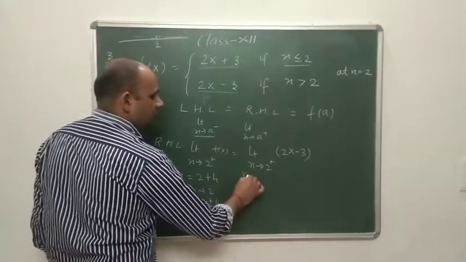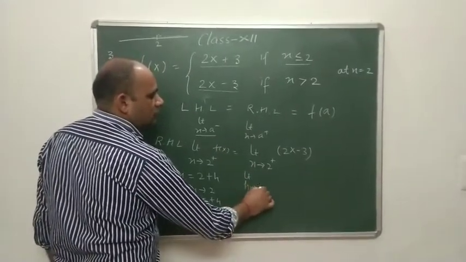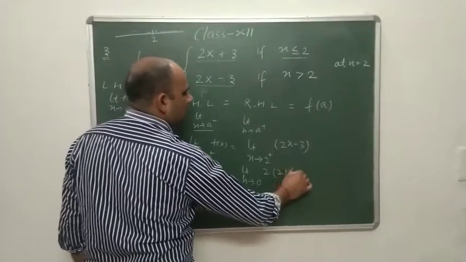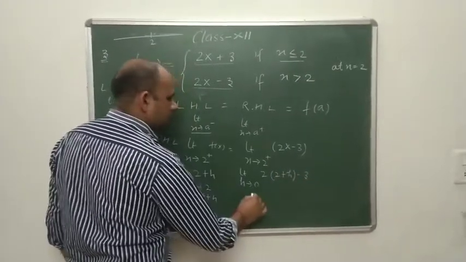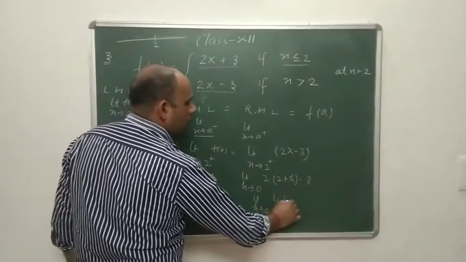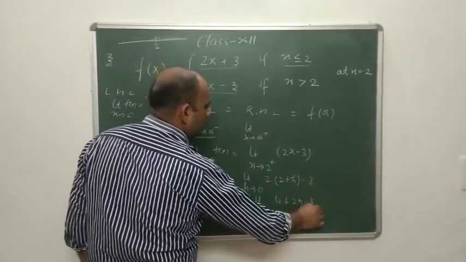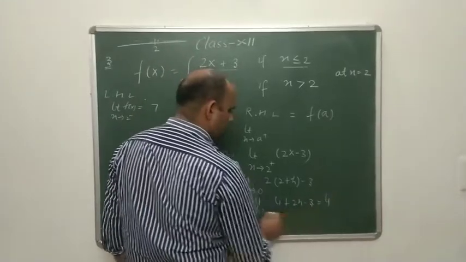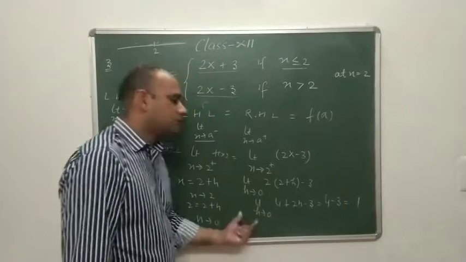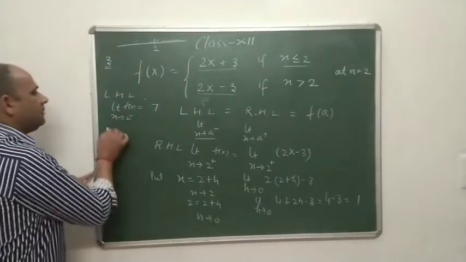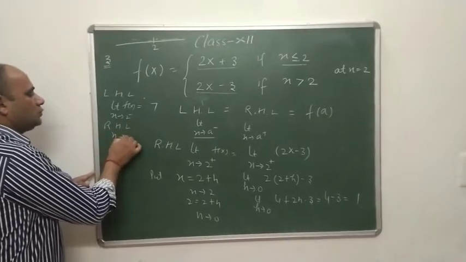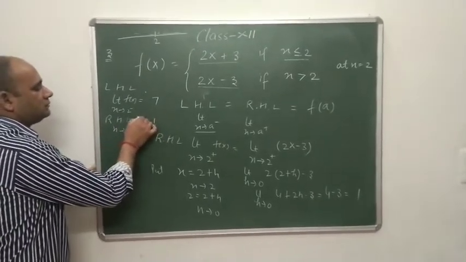So limit h tends to 0 of 2 into (2 plus h) minus 3, that is 4 plus 2h minus 3. If h tends to 0, 4 minus 3 is 1. So now our right hand limit as x tends to 2 plus is 1.